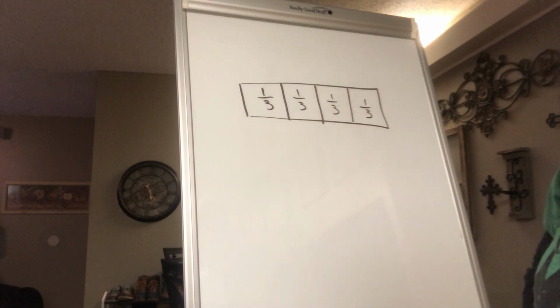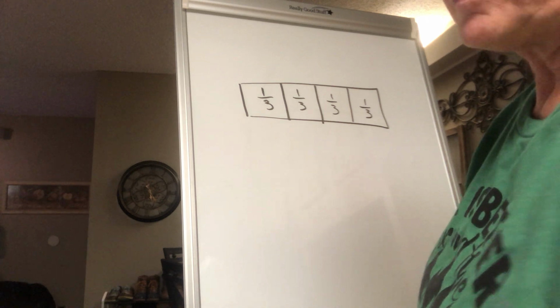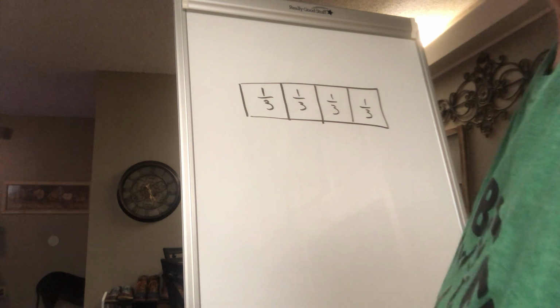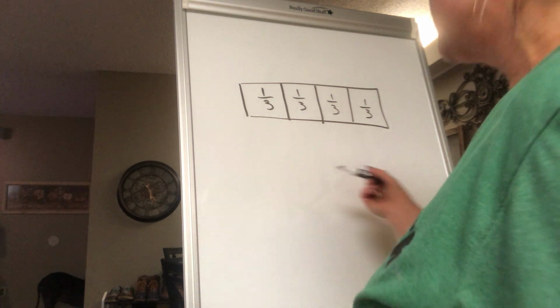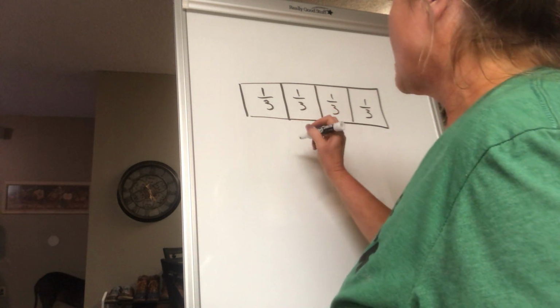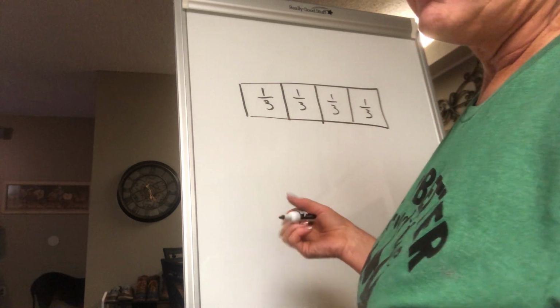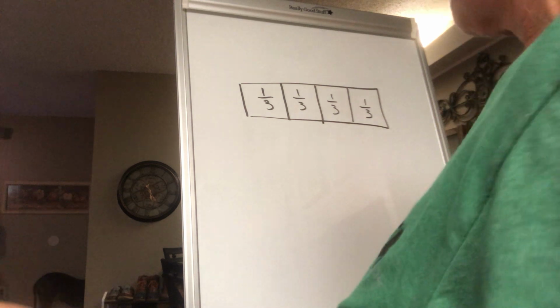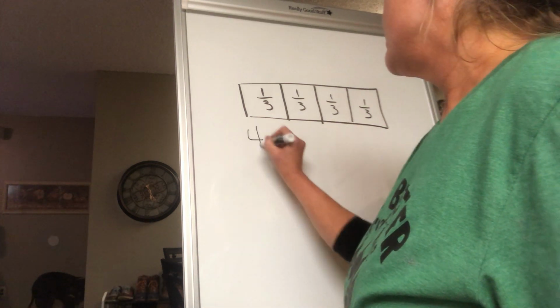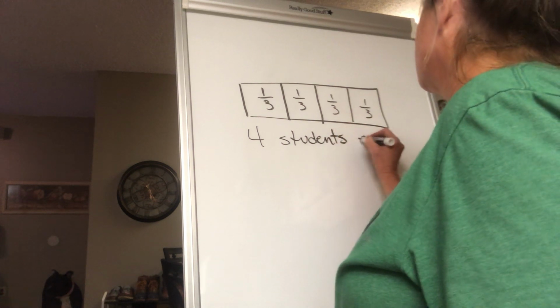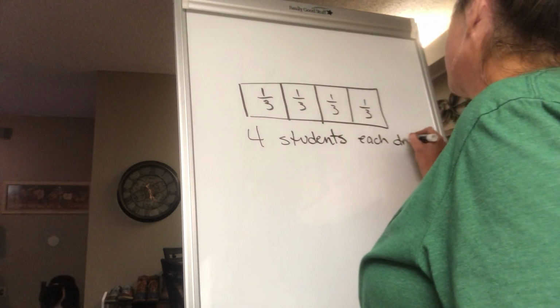Okay, and just a simple little problem that could fit this. If I had 4 students who all drank 1/3 of the bottle of milk. Okay, so 4 students each drank 1/3.